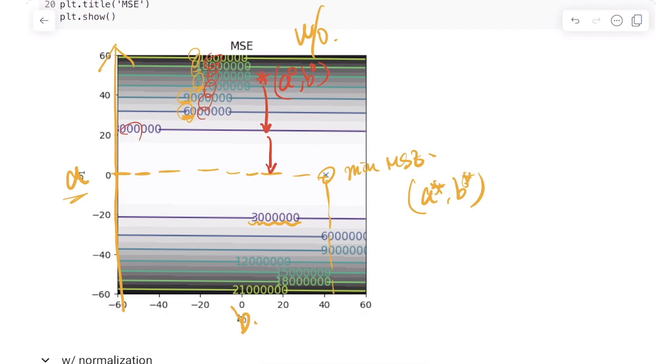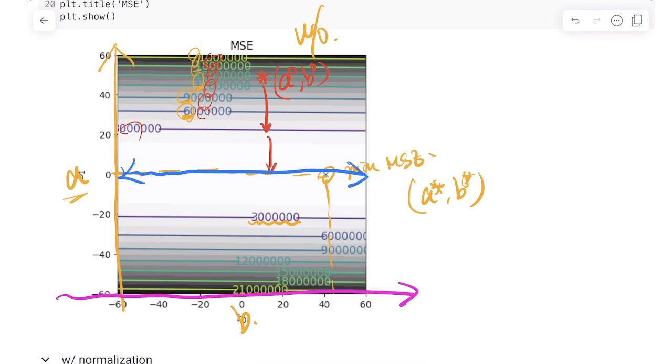But take a look at the B direction right here, the B axis. You can see that there seems to be a very small slope in the B direction.